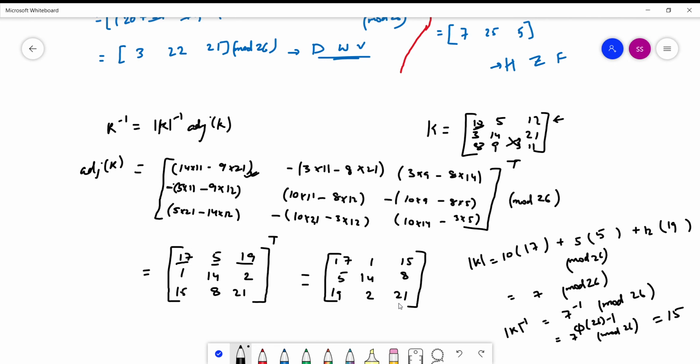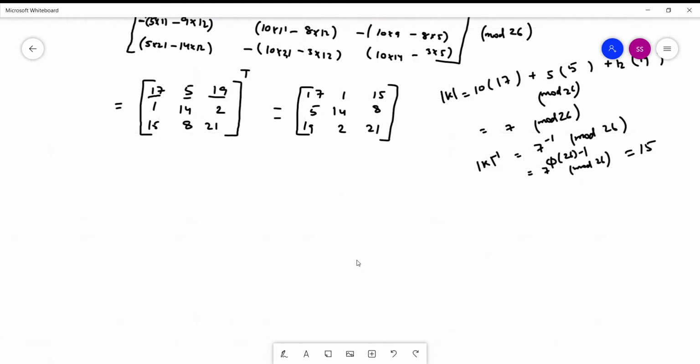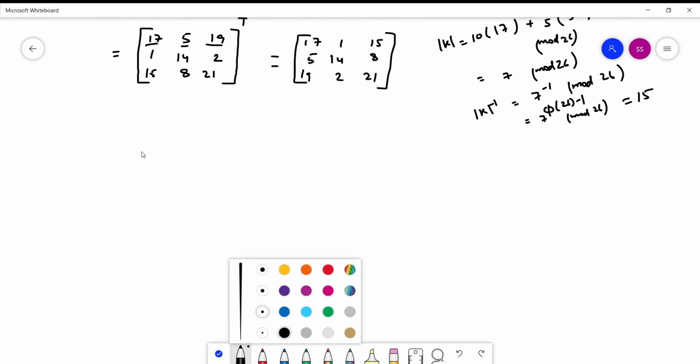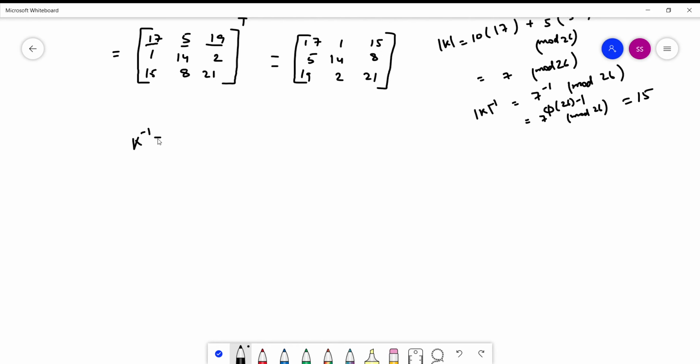So what I have to do is find the value of k inverse. K inverse is defined as mod k inverse into adjoint of k.